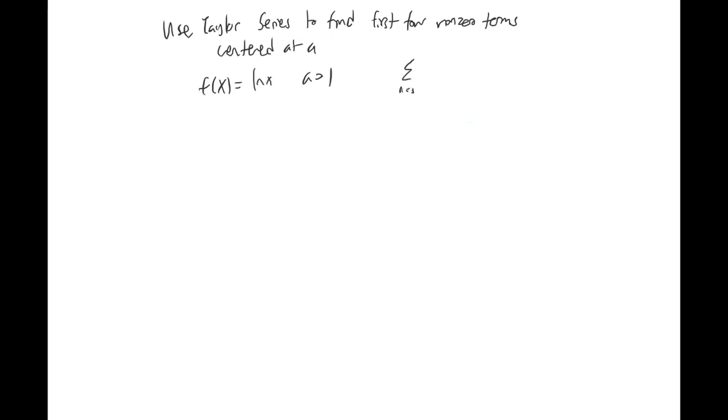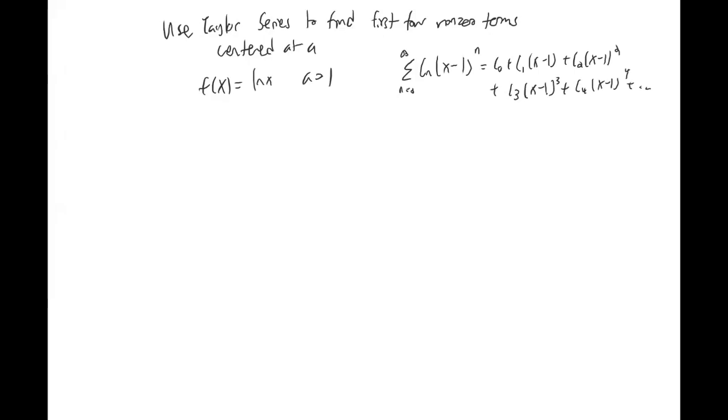Again, write out your formula. It's x minus a to the n, and a is 1 in this case. So I want to express natural log as this. But the idea is, unless you find the pattern like sine, it's really hard.